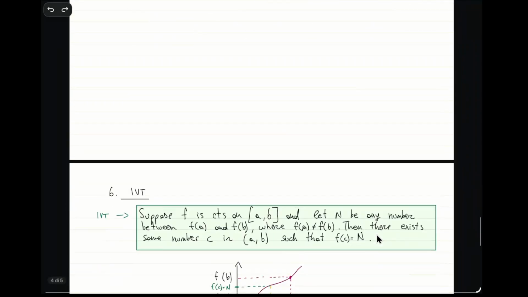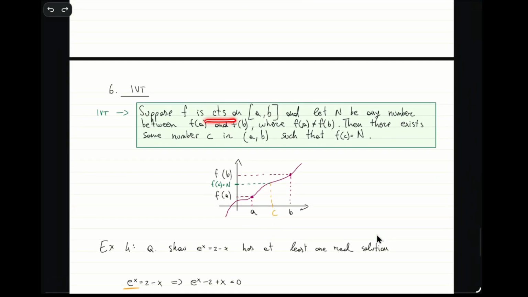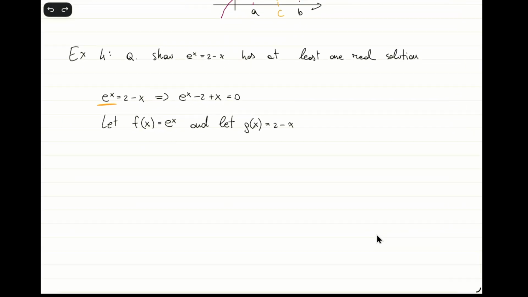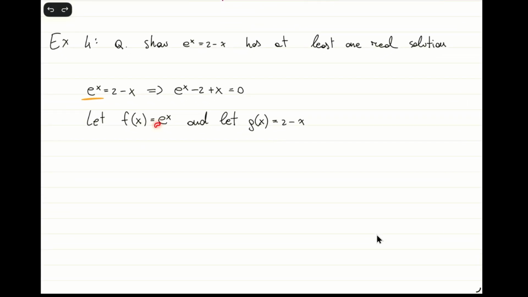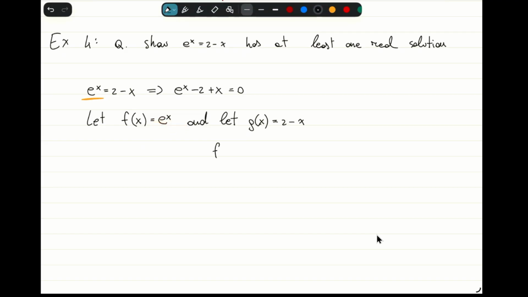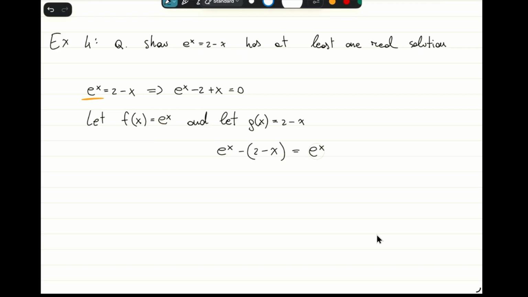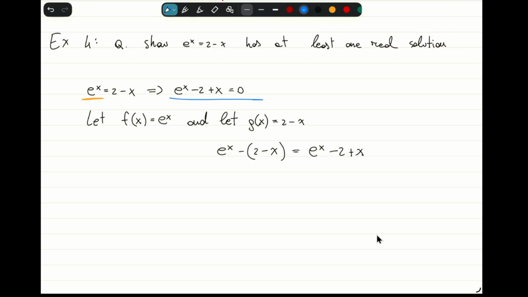And wait a second, our theorem says we need a continuous function. So we just found that if we take f of x, which is e to the x, and subtract 2 minus x, which is our g of x, we'll get e to the x minus 2 plus x. And this is exactly what we have up here.